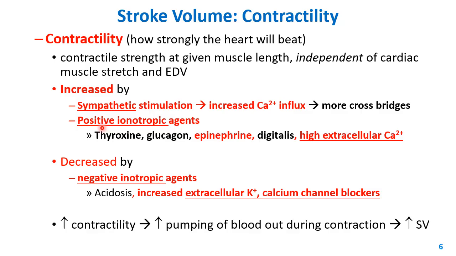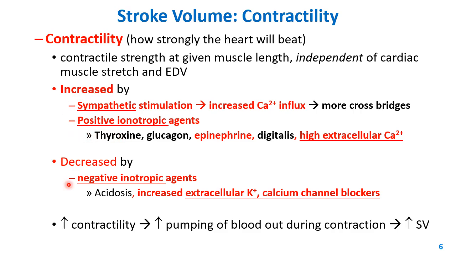That means they are going to increase those ions that are going to enhance the heart contraction. So what are these agents doing? They are going to increase the calcium depolarization of the heart, so they're going to increase the effect that the muscle has to contract. Okay, so those are your positive inotropic agents.